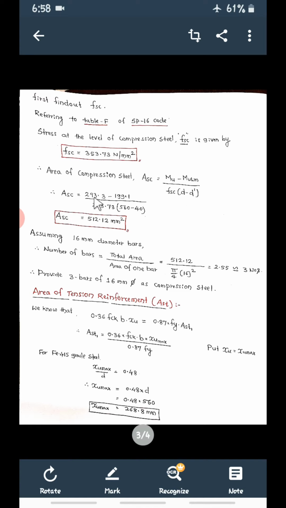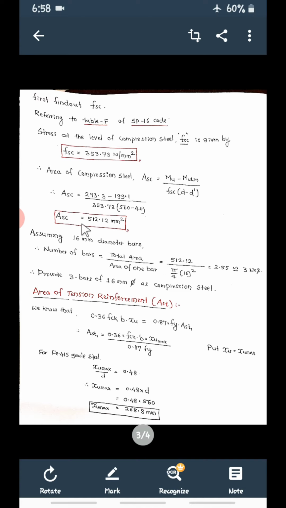So MU is 293.3 kilonewton meter minus MU limit 199.1, divided by FSC 353.73 into bracket small d, that is the effective depth, minus the effective cover d dash. So we get the area of compression steel, that is the total area at the top, as 512.12 mm square. This is the area at the top.